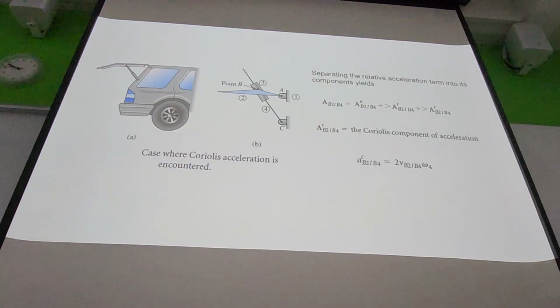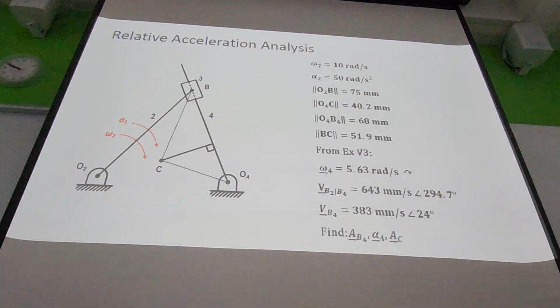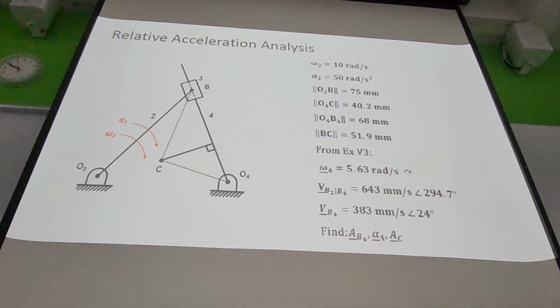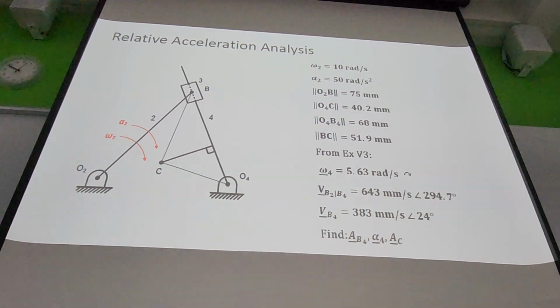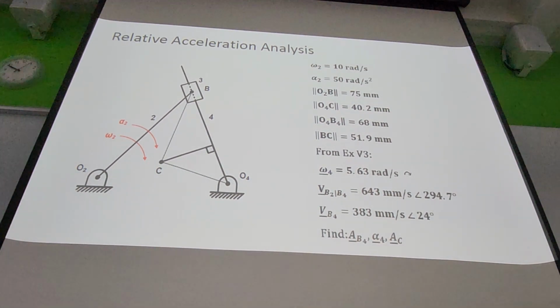Now let us look at how we can do the Coriolis acceleration. So now all the data is given for this 4-bar linkage mechanism. The point B, the slider 3, is on link 2 and also on link 4. So there is a relative velocity of point B on link 2 and link 4. We know all this data.